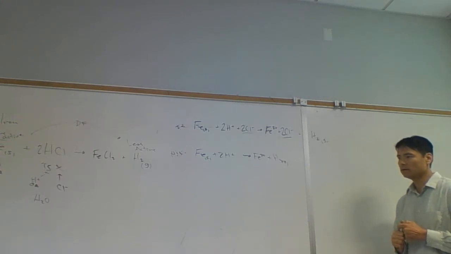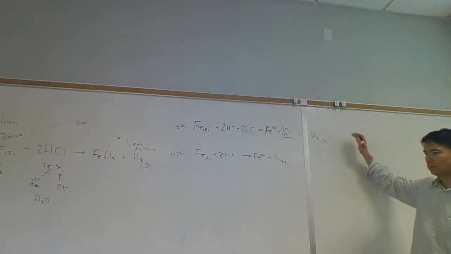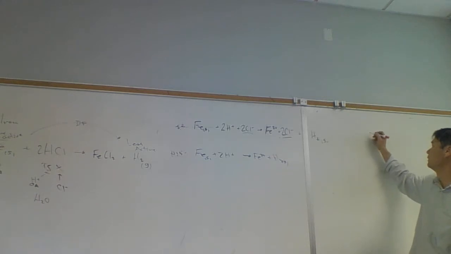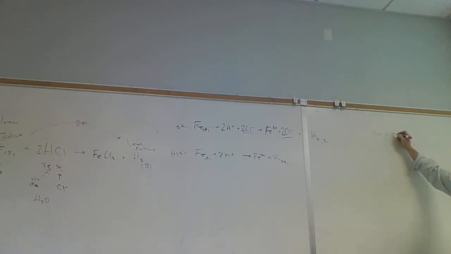In the past, there have been classes that have been stronger with these reactions, and I give things like HCl plus KMnO4, potassium permanganate, plus iron. Sometimes I'll go with iron nitrate.